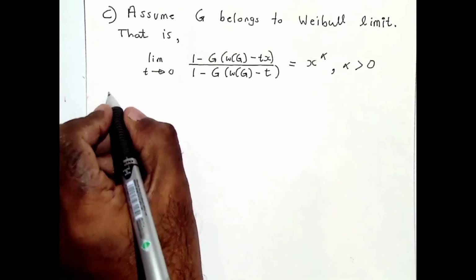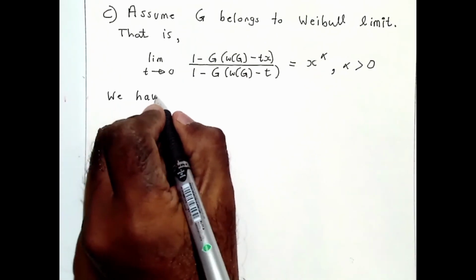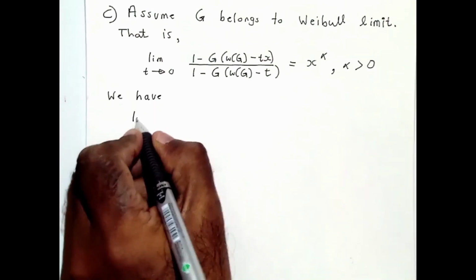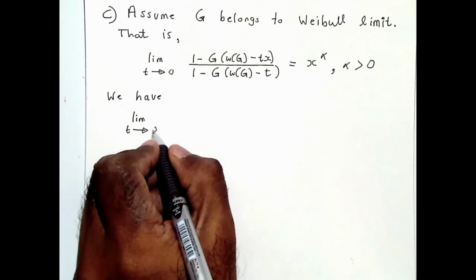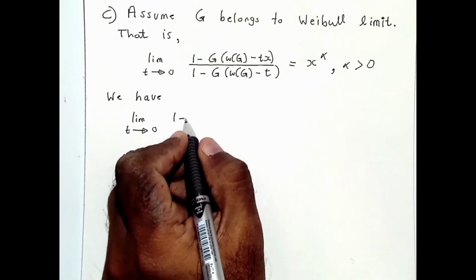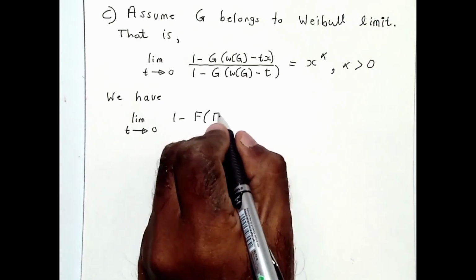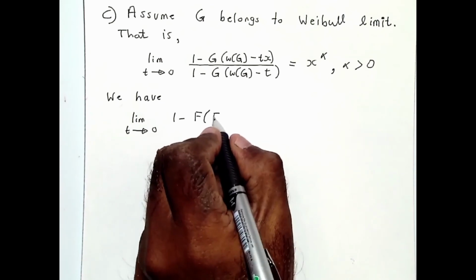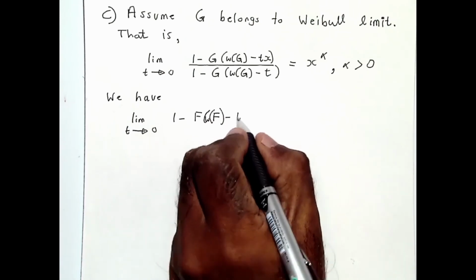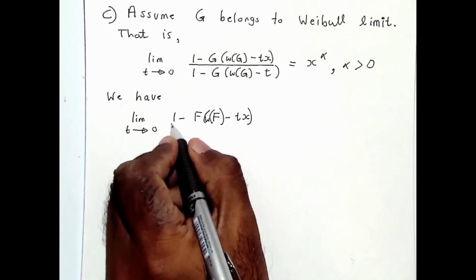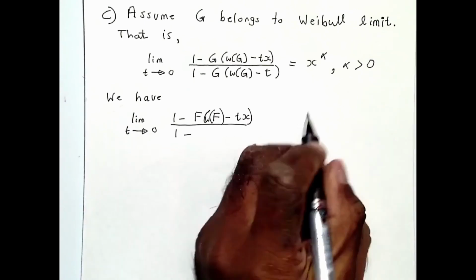Now we need to show the following. We need to show that the limit of this is also of this type.